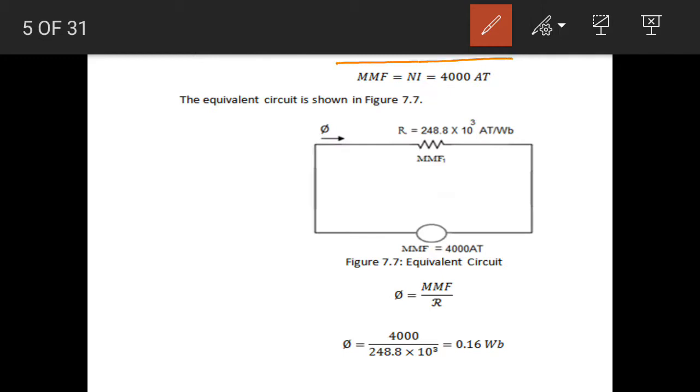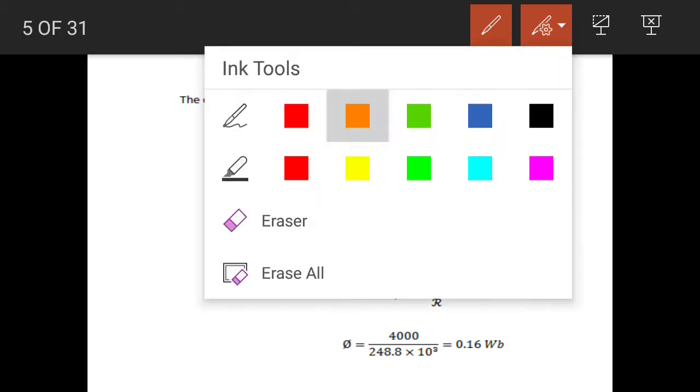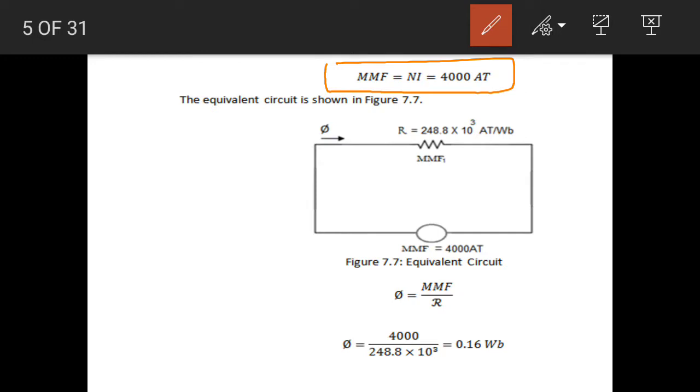MMF is equal to Ni, so N is known, which is 1000, and I is known, which is 4. So the MMF of this particular circuit will be equal to 4000 ampere turn. And we know that MMF is basically equal to phi times reluctance.